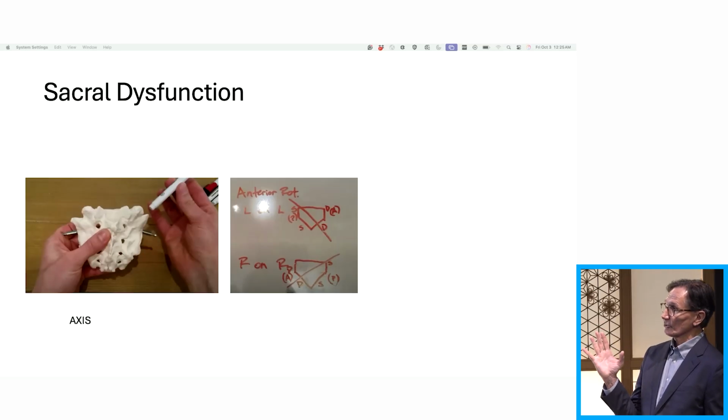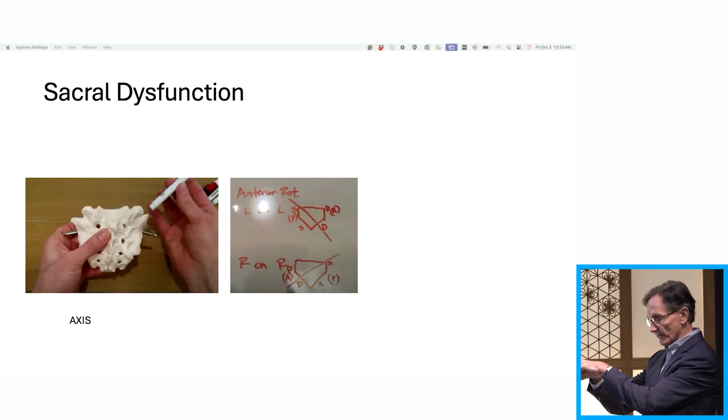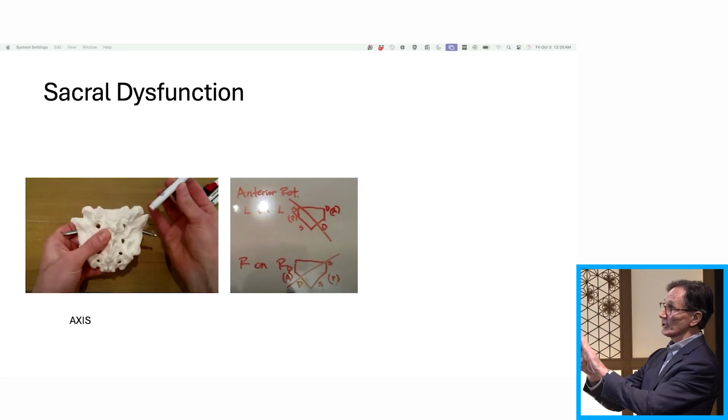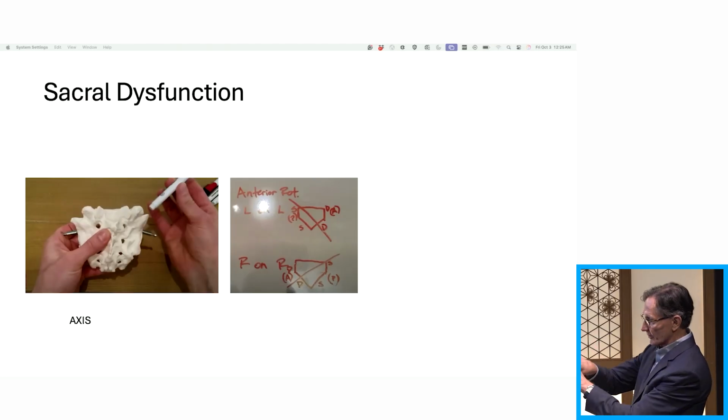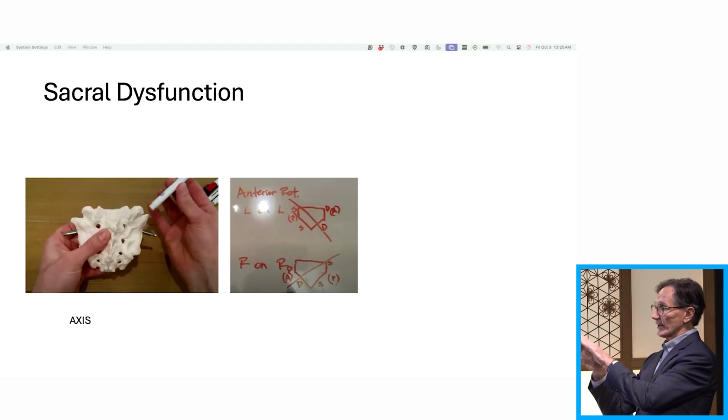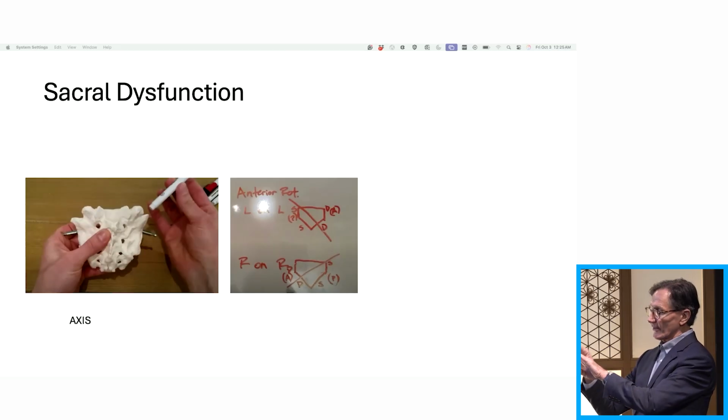So we'll start with sacral dysfunction. In sacral dysfunction, flexion of the sacrum is a nutation; counter-nutation is backwards, of course, but as you walk, it sort of tips forward like that. If it gets caught and you have one end of it not functioning well, then you have either a right axis or a left axis.